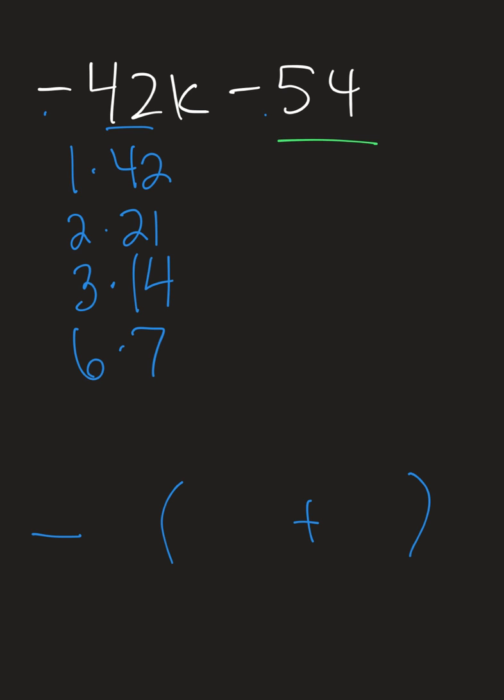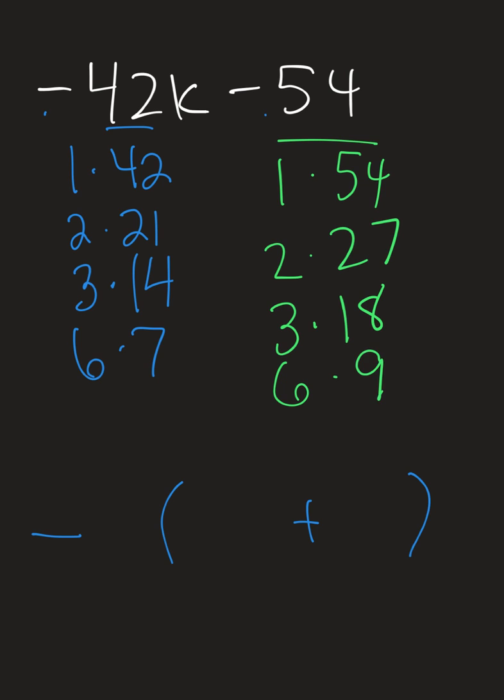And of course I need to get my factors of 54. 1 times 54, 2 times 27, 3, 54 divided by 3 would give me 18. 54 divided by 4 does not work. 54 divided by 5 does not work. 54 divided by 6 does work. It's 6 times 9. And then 7 and 8 do not work as well. So I would cycle back to 9 here, and I am good.